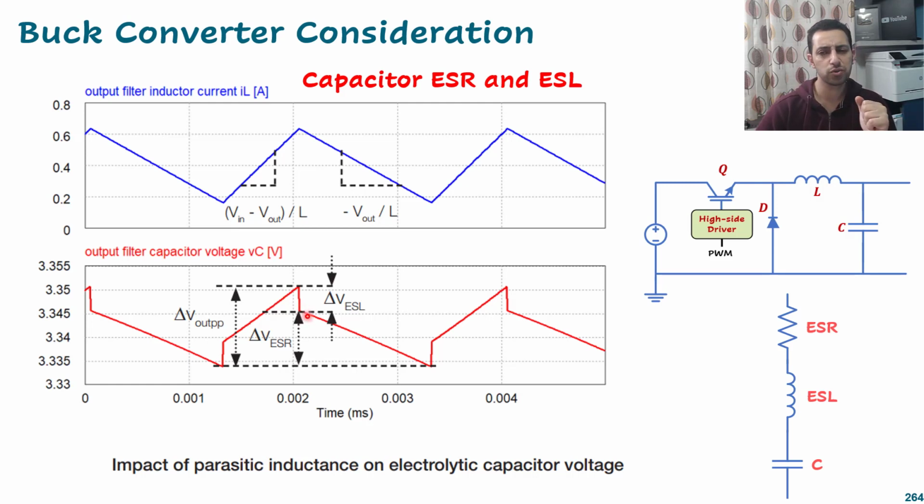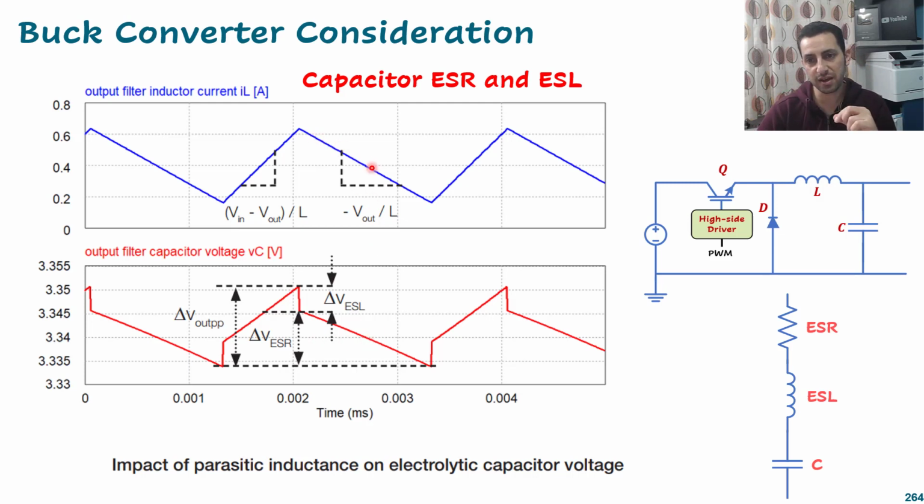Okay, but what is the effect of ESR? As I mentioned, we are looking for a very smooth voltage. If we have that current, a very smooth voltage like that. Okay, but that voltage here means that we are copying the current, and I think the component that copies the current to the voltage is the resistance, because the resistor gives a linear relation between the voltage and current.